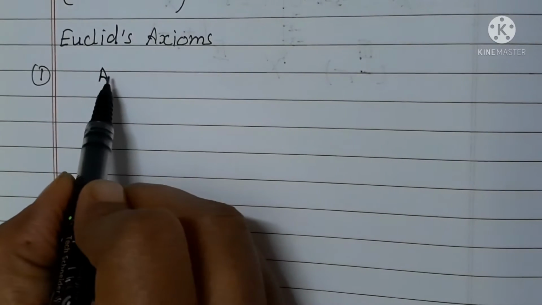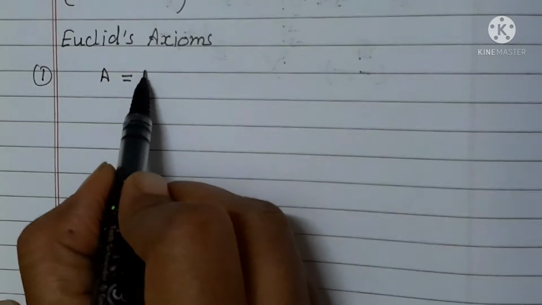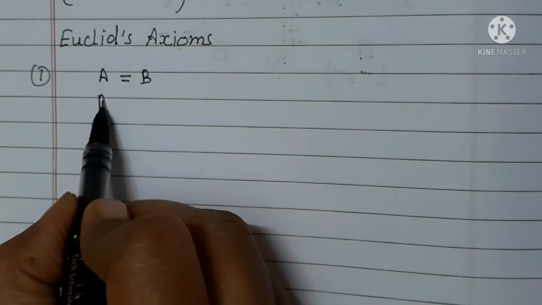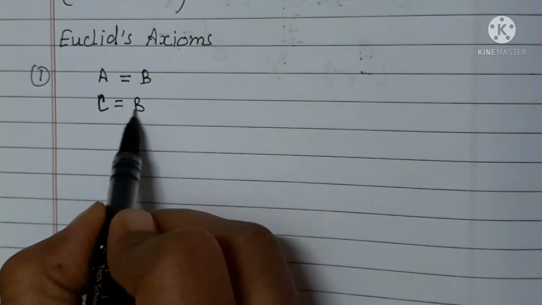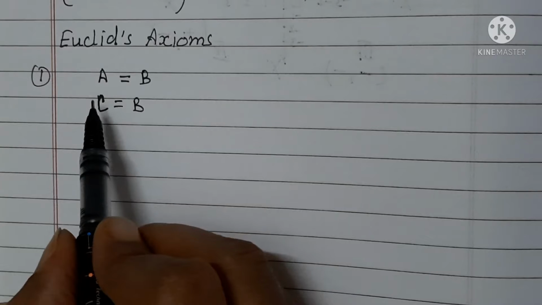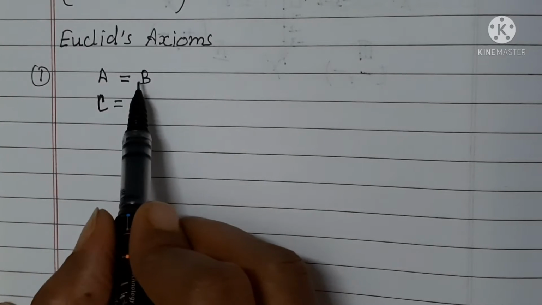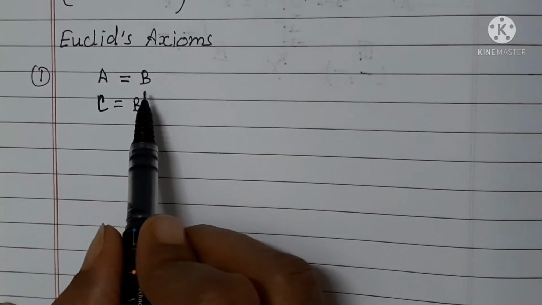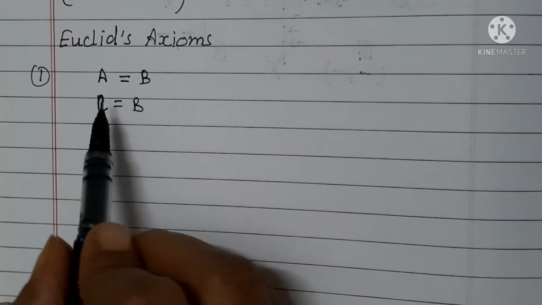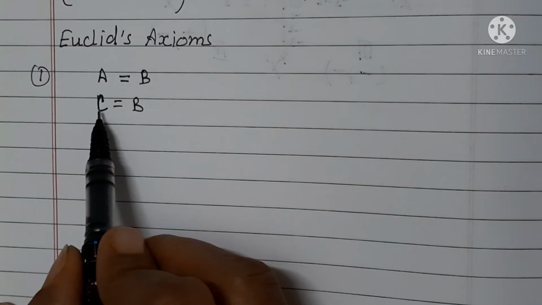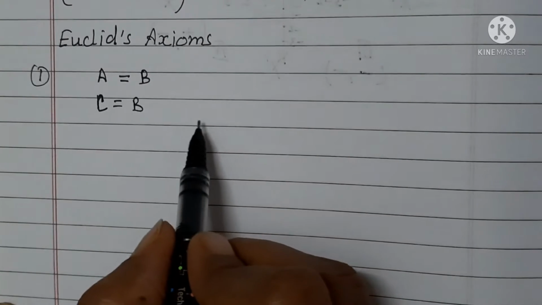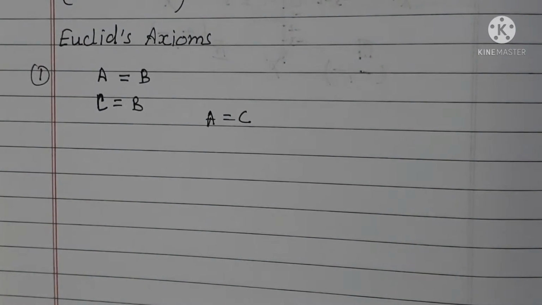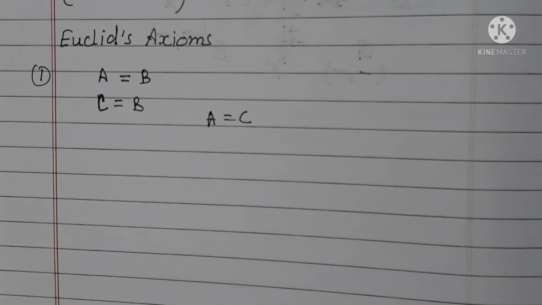Suppose A is equal to B and C is equal to B. So things which are equal to the same thing, here A and C are equal to B. It means A and C are equal, so you can write A is equal to C. Means A and C are equal to one another.